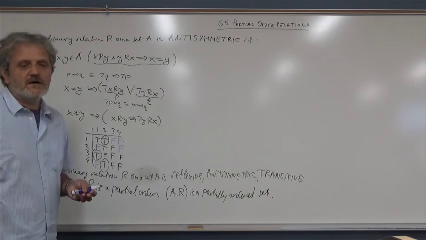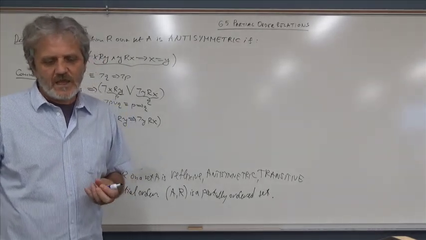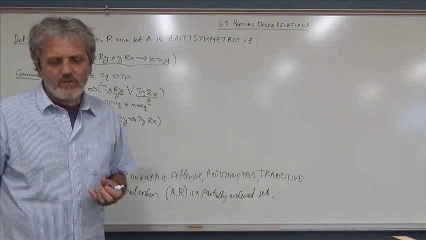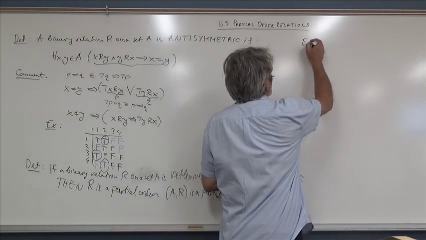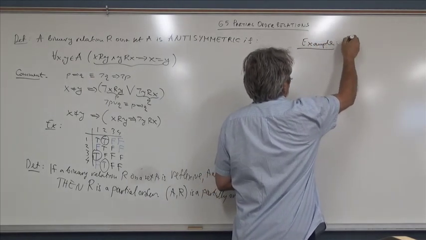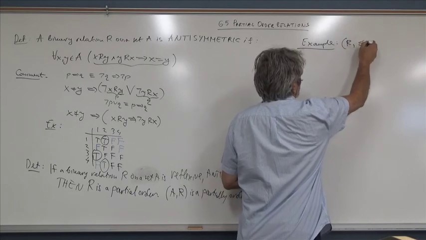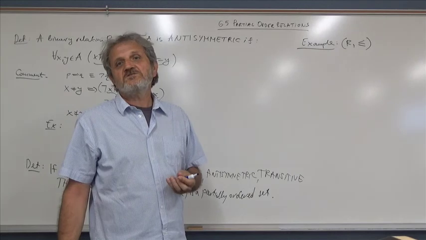Let's see a couple of well-known examples, actually. One of them is, example: if you take the real numbers and the standard less than or equal, by the way, how is that defined?